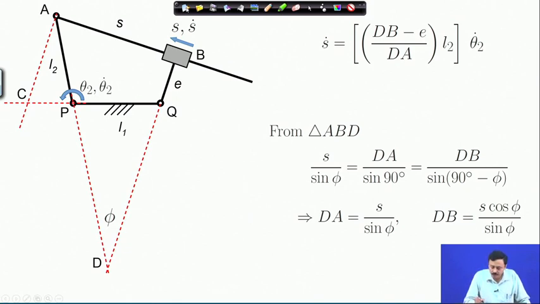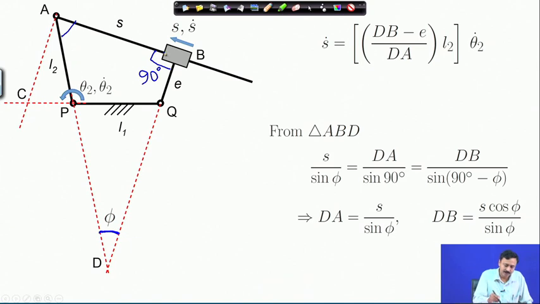So, using sine rule, I can easily write S divided by sine of this angle phi is equal to dA divided by sine 90 degree, this angle is 90 degree, and also equal to dB divided by sine of 90 minus phi.